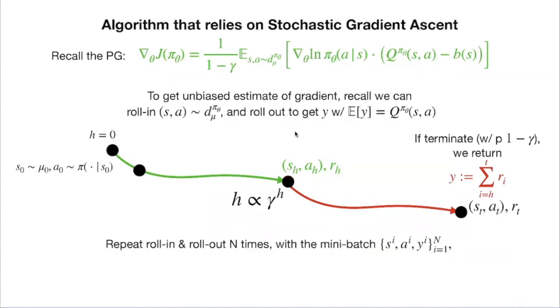Similar to the supervised learning oracle we were talking about, we can repeat this rolling in, roll out process n times independently. Now we get a mini batch data set that consists of state, action, and the scalar y. We have n such triples. All we need to do is sum them together and take the average. And this is an unbiased estimate.